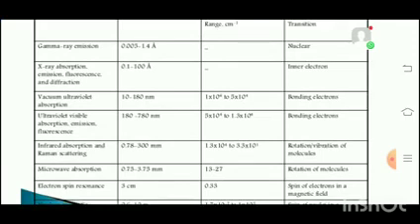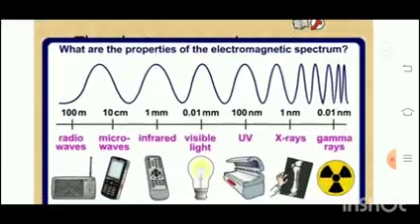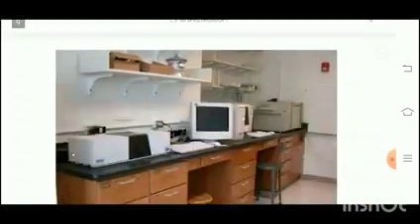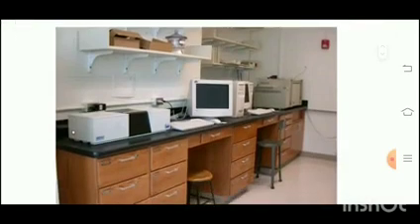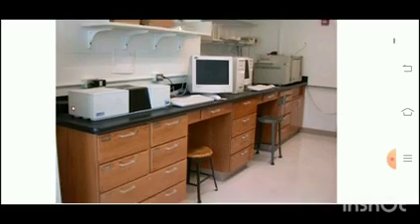So in infrared spectroscopy, we can study the rotation and vibration properties of chemical compounds. So this is a typical infrared spectrometer. The infrared spectrometer is attached to a system and can be further attached to a printer to take a printout of the spectrum.